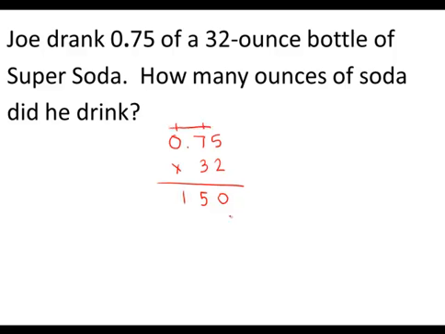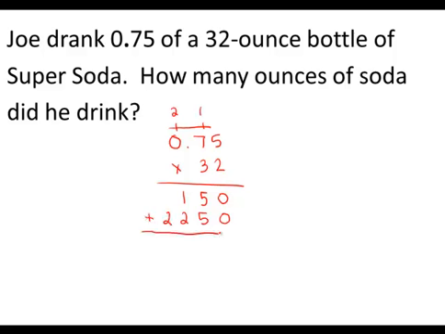Now, I'll add a 0 as a placeholder and multiply 3 by the digits above. 3 times 5 is 15. Carry the 1. 7 times 3 is 21, plus 1 is 22. Carry the 2. 0 times 3 is 0, plus 2 is 2.